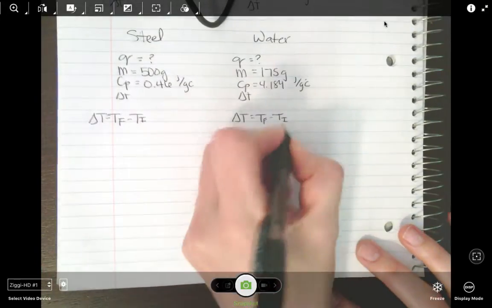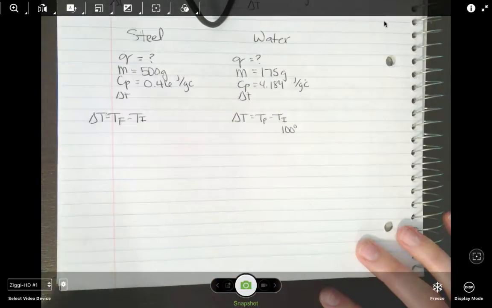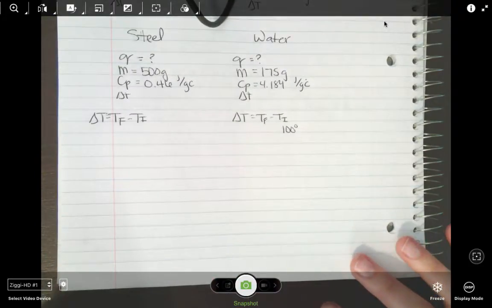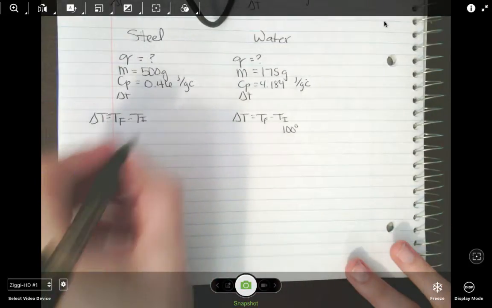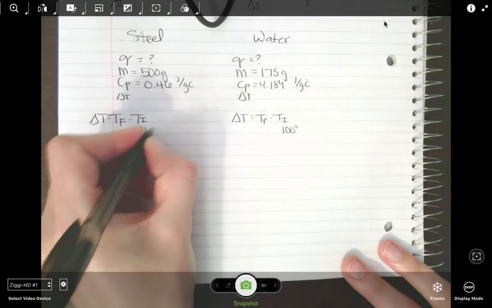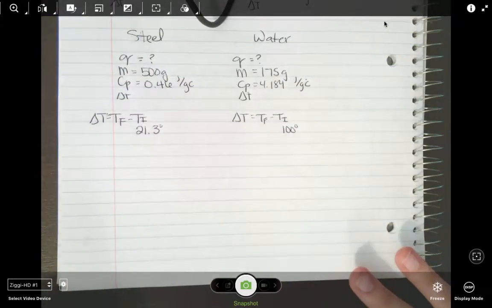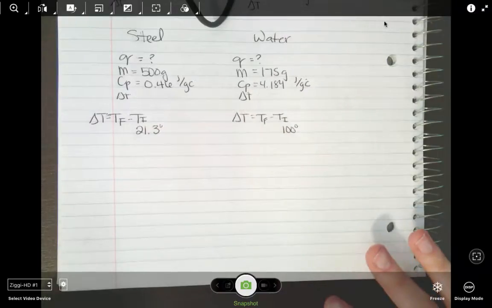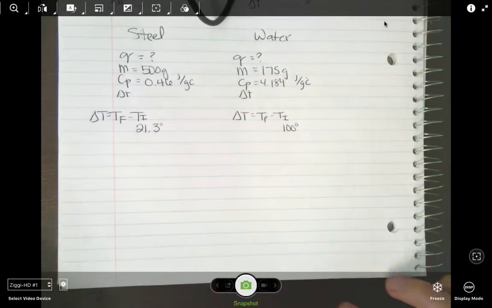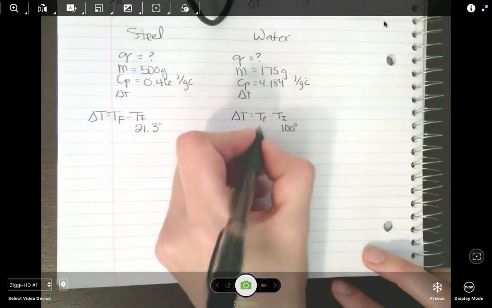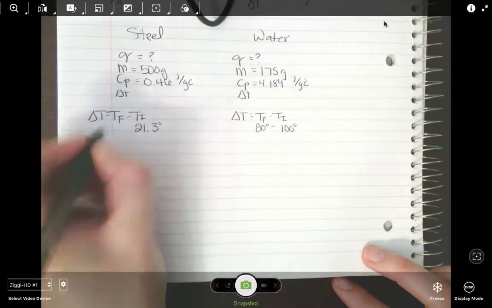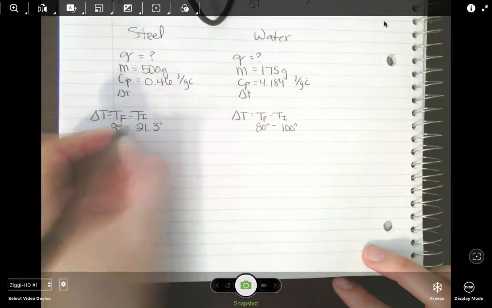So that would be the initial temperature of the water. The temperature of the steel was originally at 21.3, so that's the T initial of the steel. After 3 minutes, the system reaches equilibrium and everything inside the system is the same temperature, so the T final is the same for both substances.